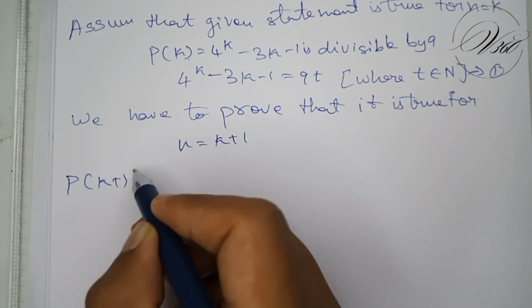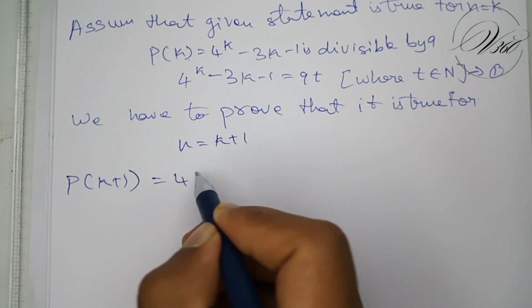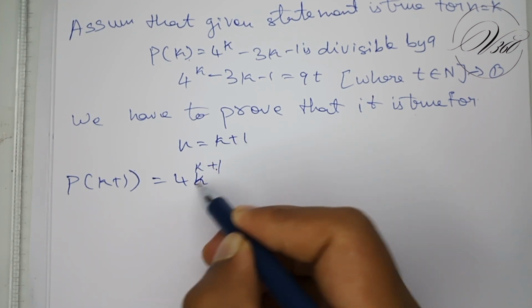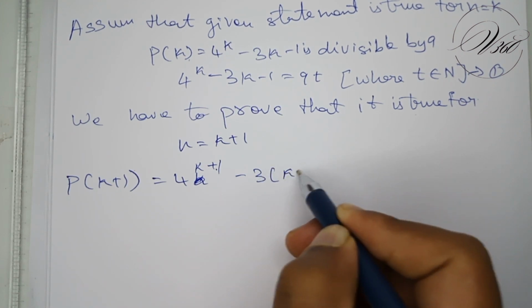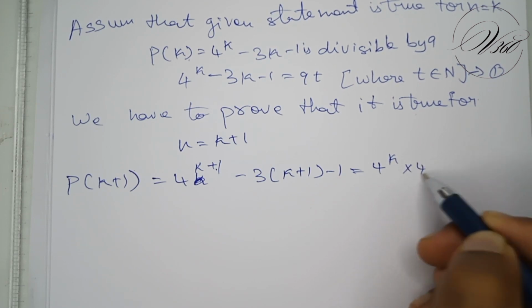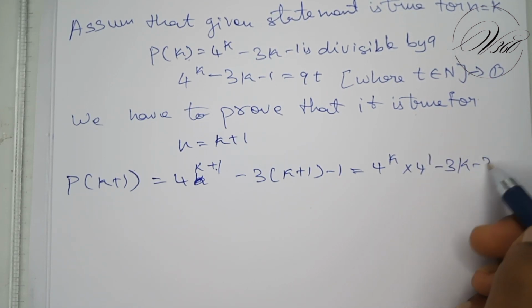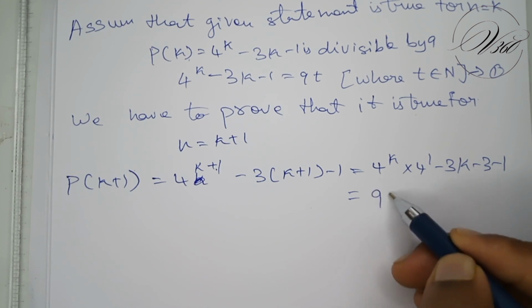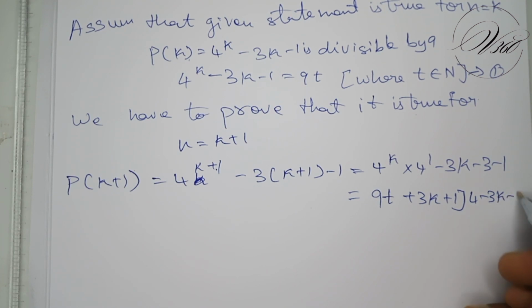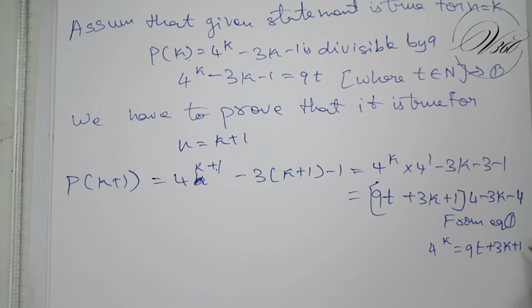P of k plus 1 is equal to 4 to the power k plus 1 minus 3 of k plus 1 minus 1, that is equal to 4 to the power k into 4 to the power 1 minus 3k minus 3 minus 1, which is equal to (9t plus 3k plus 1) of 4 minus 3k minus 4. This is from equation 1, that is 4 to the power k is equal to 9t plus 3k plus 1.